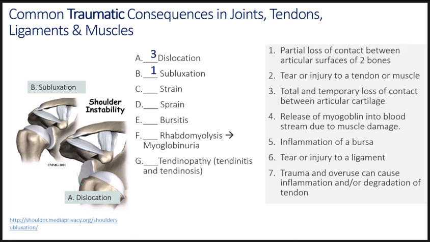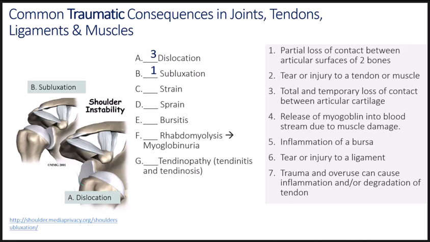Dislocation and subluxation are very common to the shoulder. And this is a shoulder shown here, but it can also commonly occur in the elbow, the wrist, the hip, and the knee, or really any joint that permits enough movement to allow the joint to be separated.